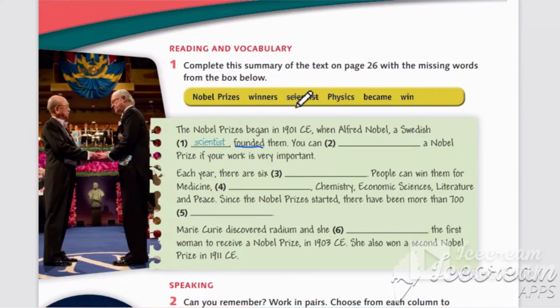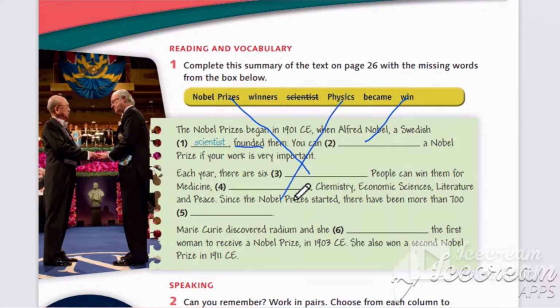You can win a Nobel Prize if your work is very important. Which word? Excellent. You can win. Each year there are 6 Nobel Prizes. People can win them for medicine, physics, chemistry, economic science, literature and peace.